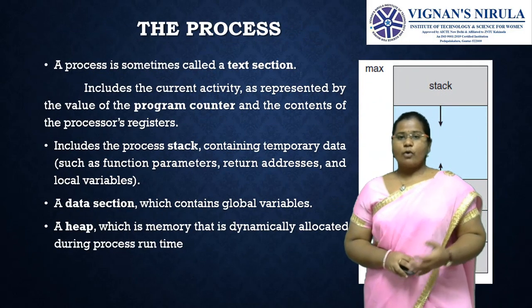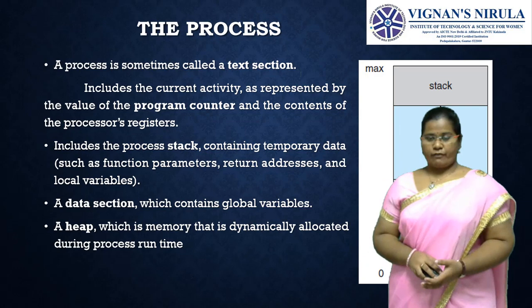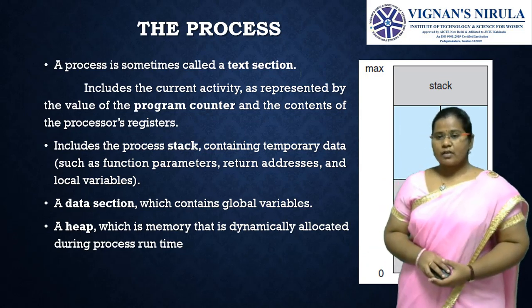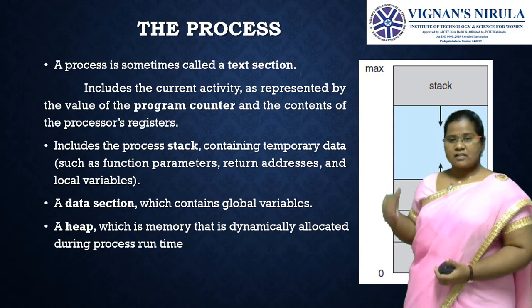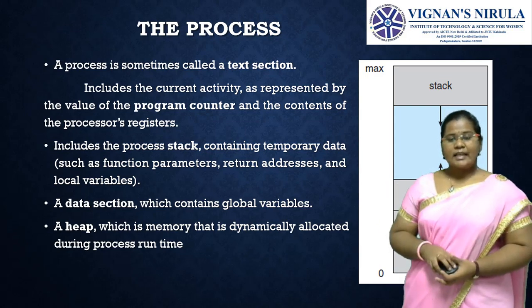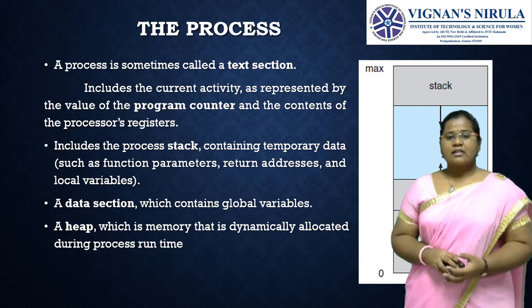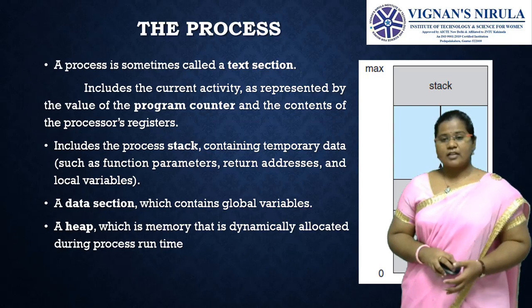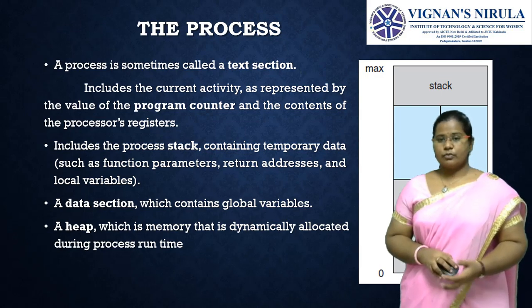And then what does a process consist of? A process consists of, as you can see on the screen, a text section, data, heap and stack area. The text section consists of the current activity, what your process is doing.